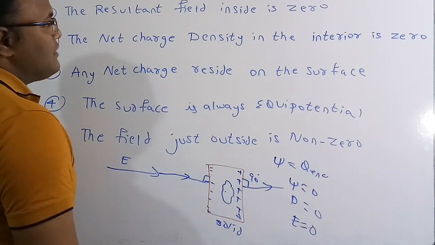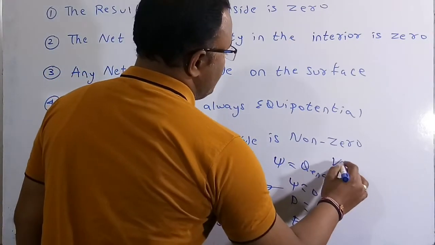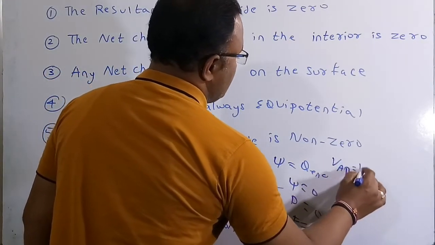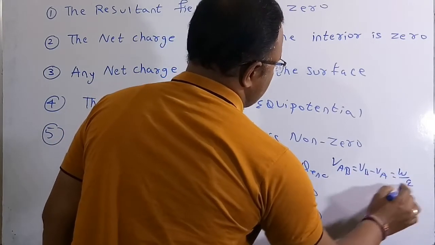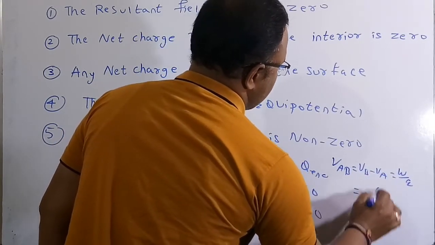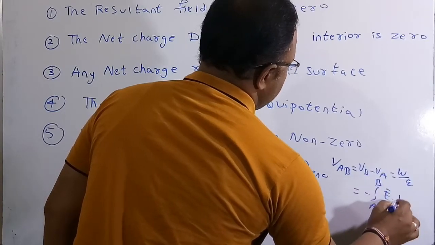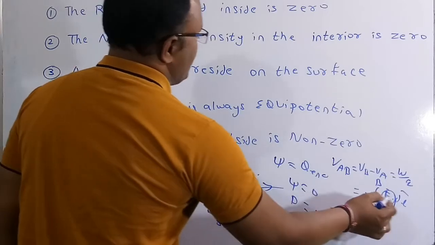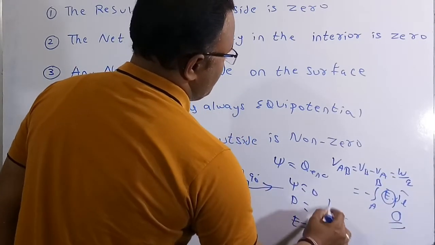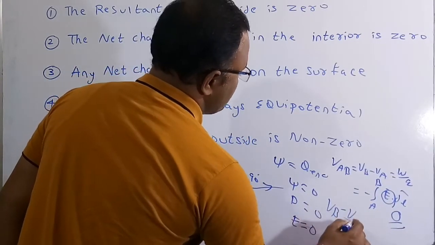Also, as I've already told you, VAB is equal to VB minus VA, which is equal to W by Q, which is equal to minus the integral from A to B of E bar dot dl bar. As I've already told you, the electric field inside is 0, so 0 times anything is again 0. So VB minus VA is equal to 0.